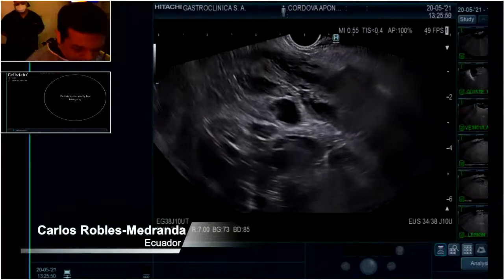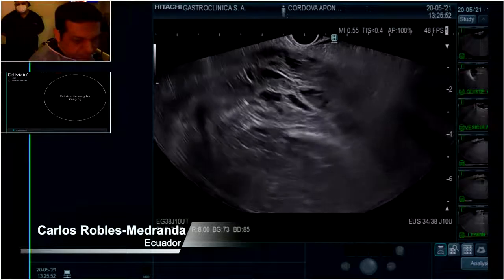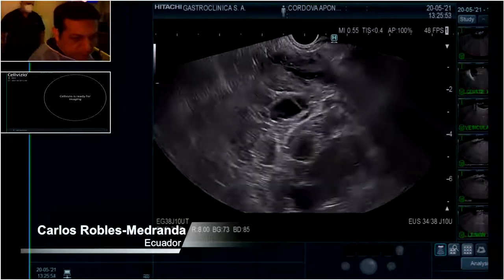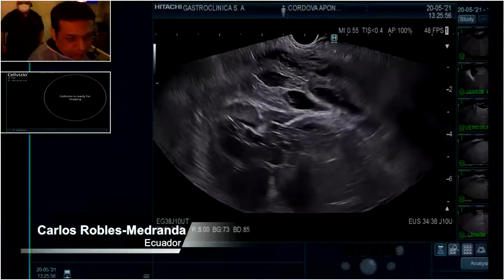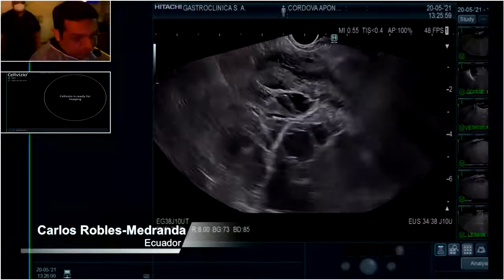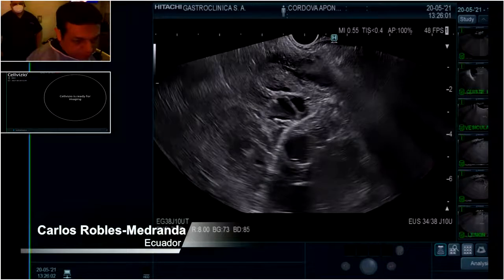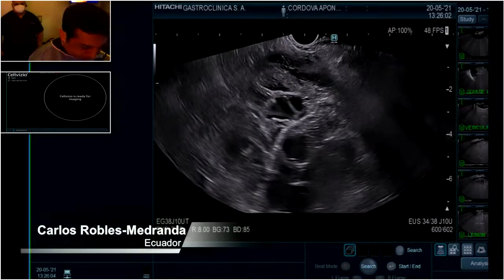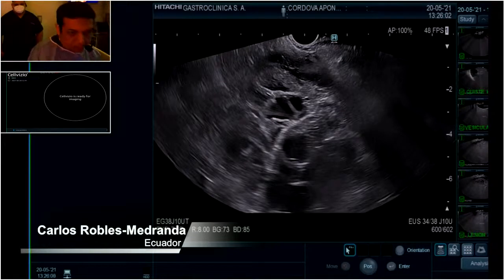And it's coming from the body of the pancreas. So with this characteristic, I don't believe that this is a pseudocyst, because there is a lot of walls inside. However, this patient had pain, and she needs a treatment of the biliary tract also.